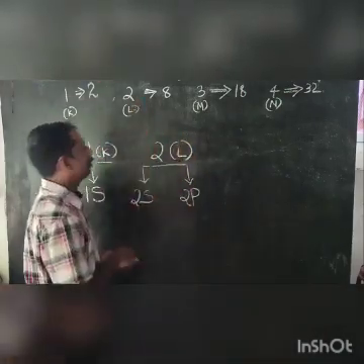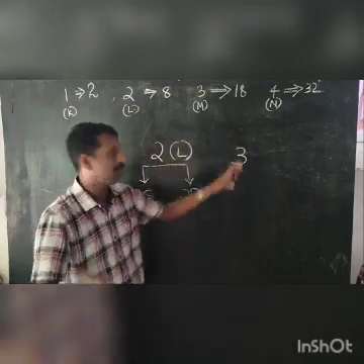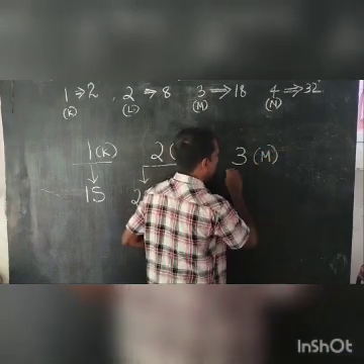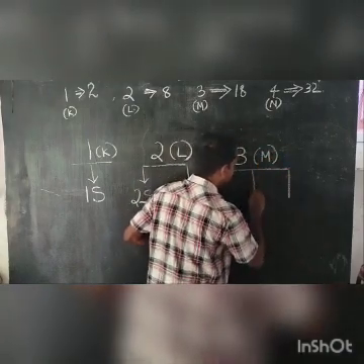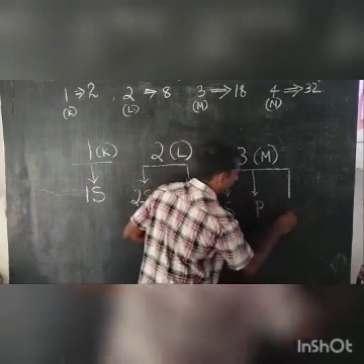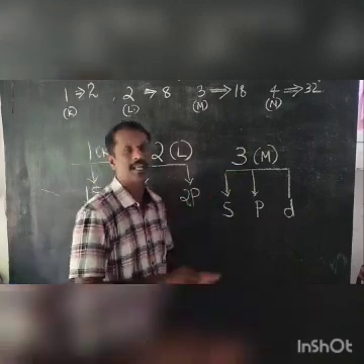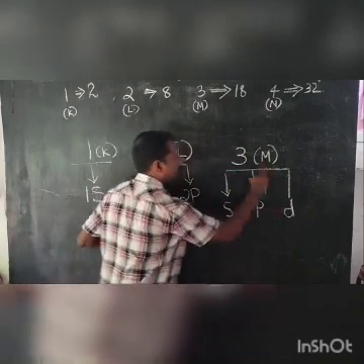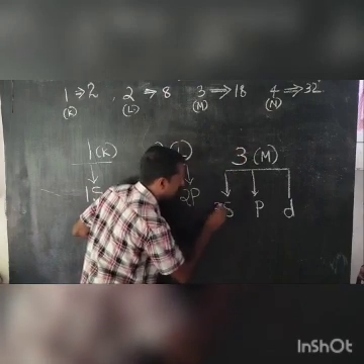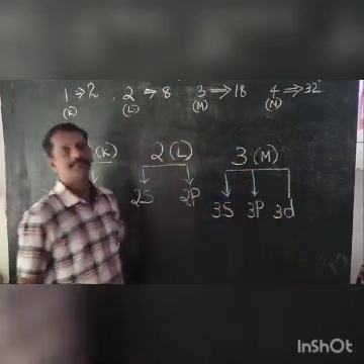Similarly, if you take the third shell, that means the M shell, it has three subshells, S, P and D. Since these subshells belong to the third shell, you can name them 3S, 3P and 3D.